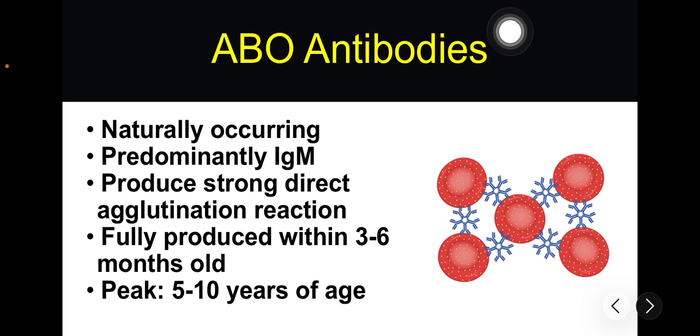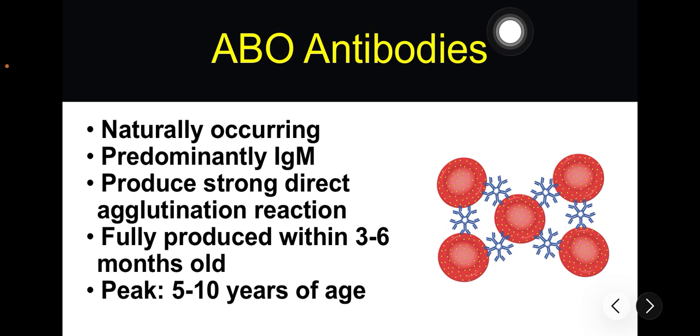Please take note that ABO antibodies are not detectable at birth. They typically appear when an infant is 3 to 6 months old, reaching their highest levels between the ages of 5 and 10. Take note also that antibody levels naturally decrease in elderly adults, which can sometimes lead to weak or missing reactions during laboratory testing.